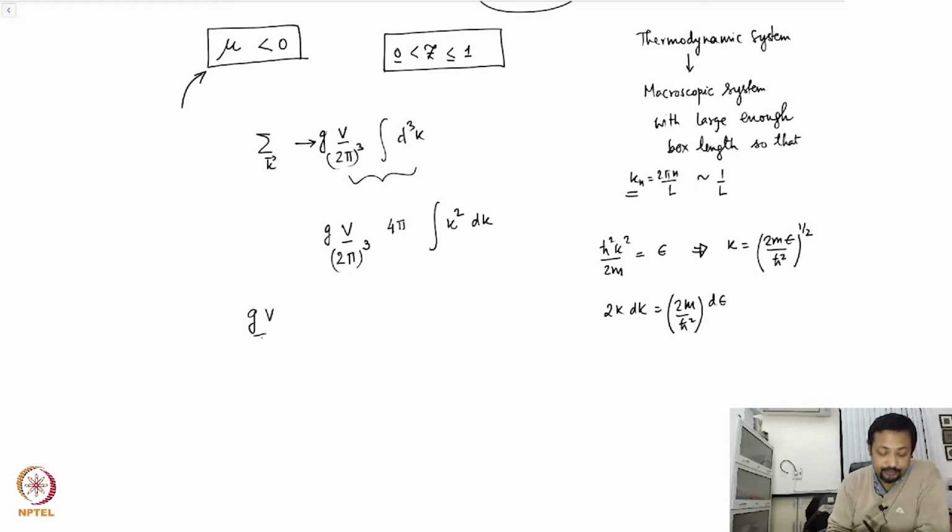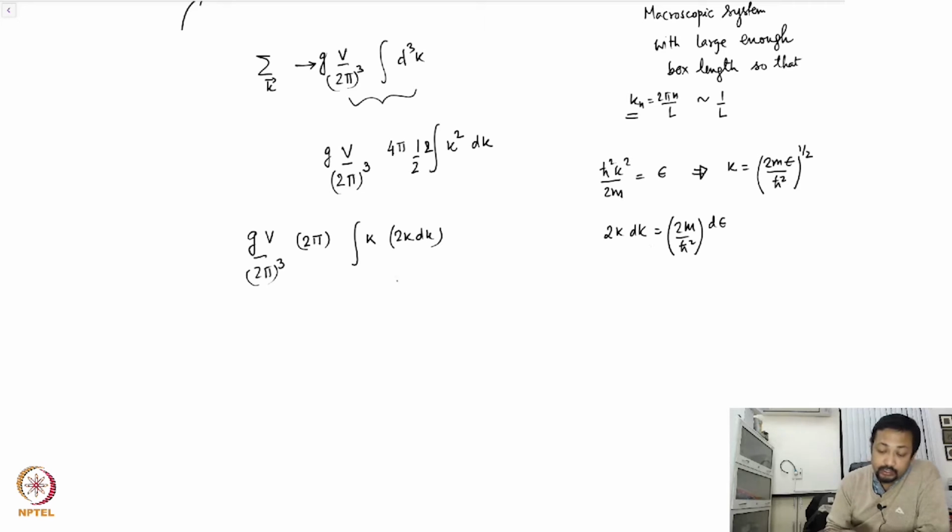So I have g_v over 2 pi whole cube, 4 pi, and then I take a 2 divided by 2 and multiply it by 2, so that this becomes 2 pi, and I have k times 2k dk. 2k dk is twice m over h bar square d epsilon, and k is twice m over h bar square to the power half times epsilon to the power half, and then you have the integral g_v over 2 pi whole cube times 2 pi.